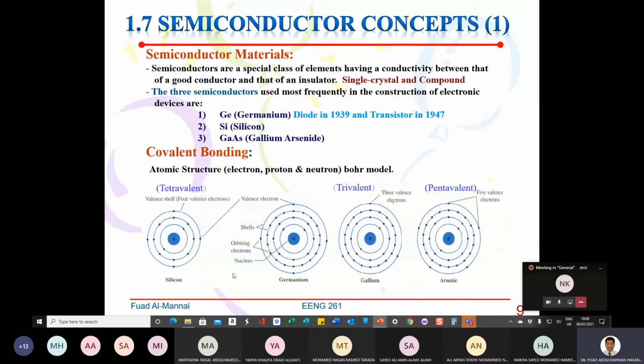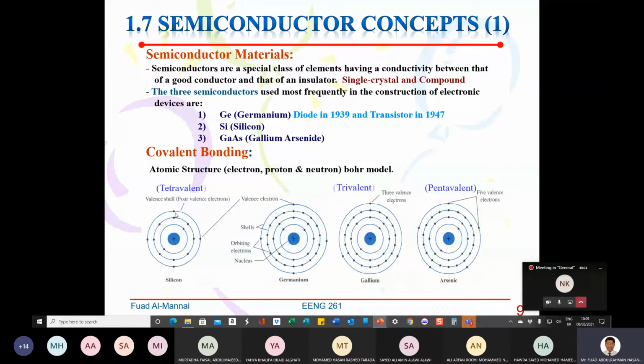Now to the left you have the silicon atom. You have the nucleus here. It has neutrons and protons, and has 3 shells. In its outer shell, how many electrons are there? 4 electrons, and we call those valence electrons.